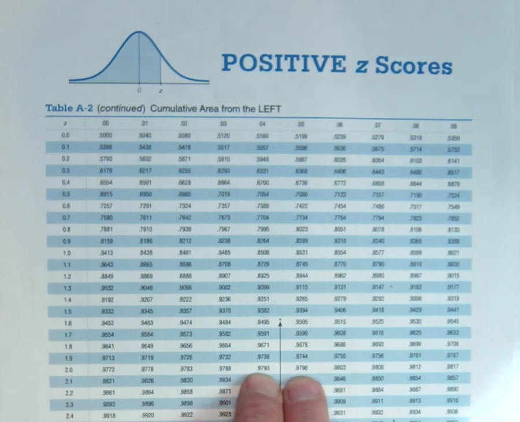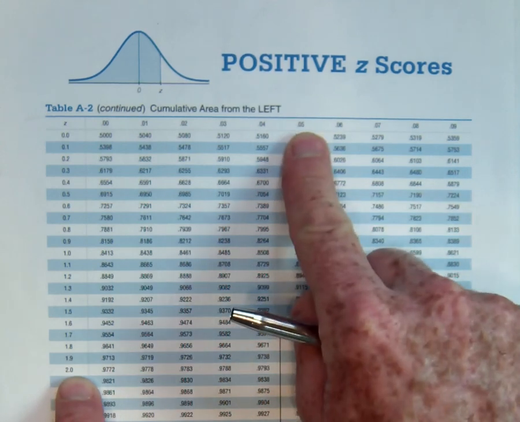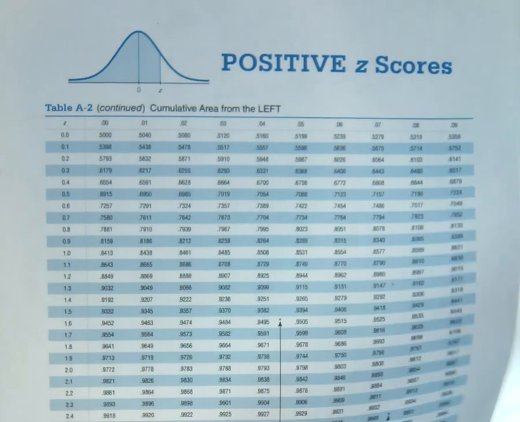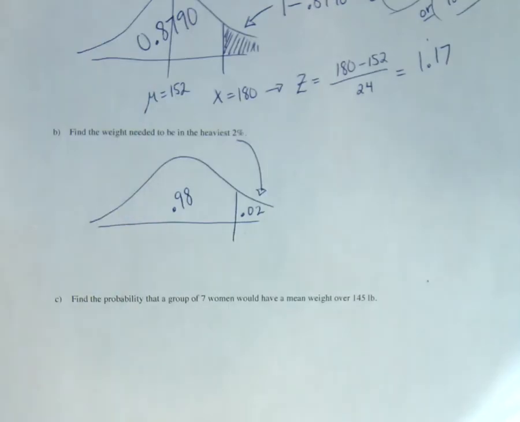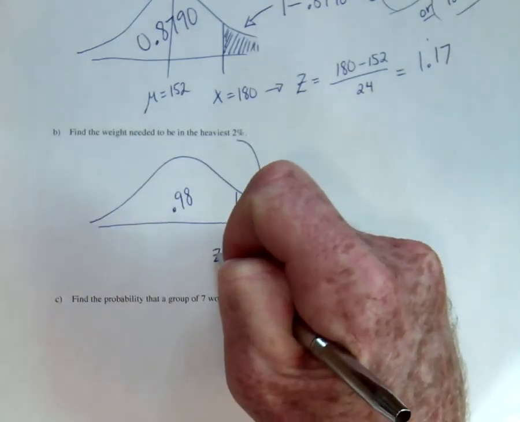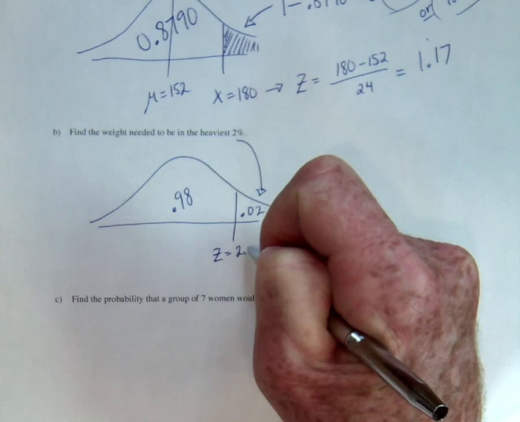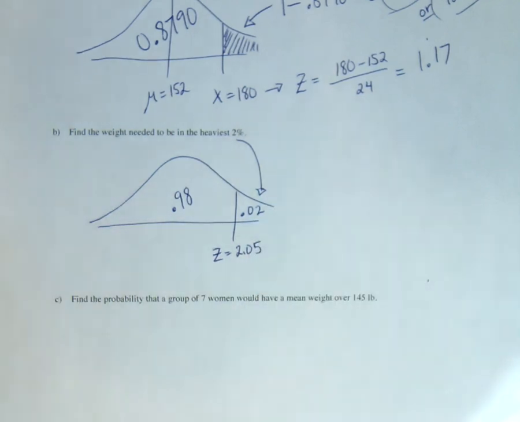So then you work backwards. The z is 2.05. Z equals 2.05.